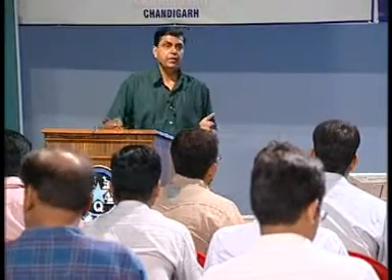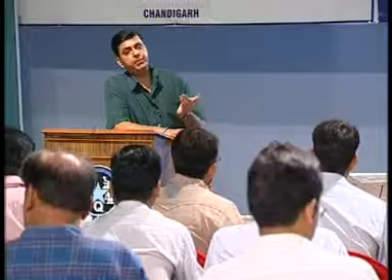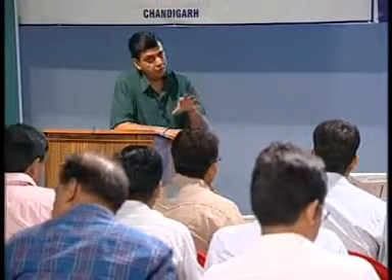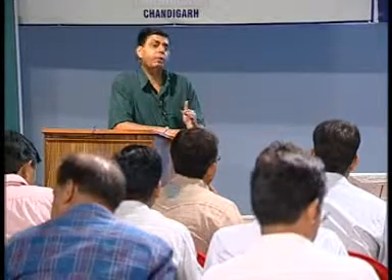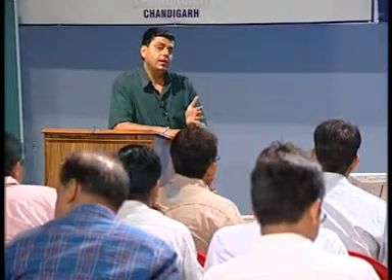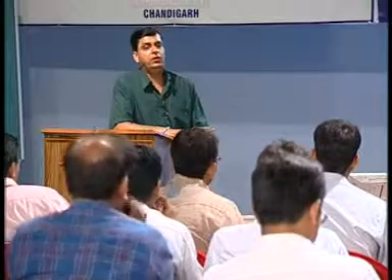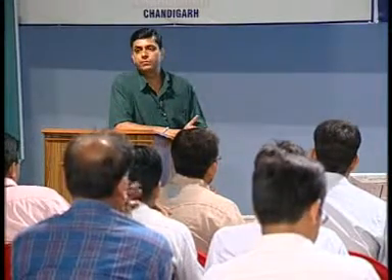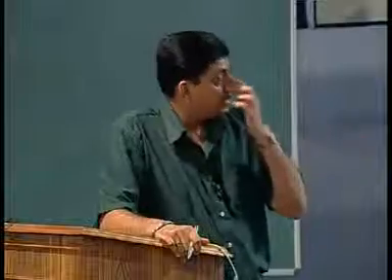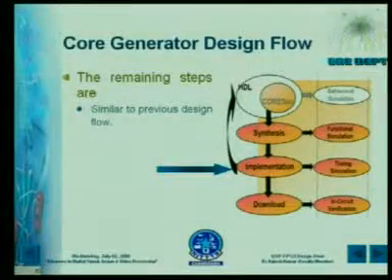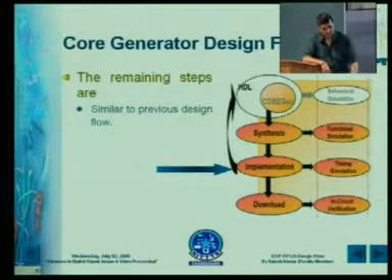So, you have to optimize the design. If you get the design in VHDL from the core generator, you have to optimize that design, and for that you again need knowledge of VHDL or Verilog. So, the next three steps are the same: synthesis, implementation, and downloading your circuit onto the FPGA.